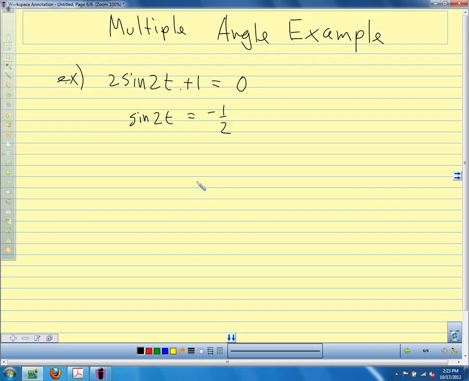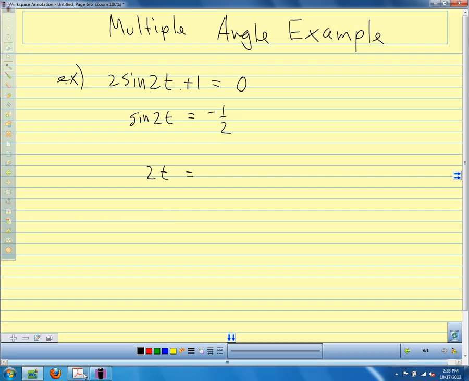And this is where you have to be very careful. I look on my unit circle. The unit circle is going to tell me where 2t equals minus 1/2. So on the unit circle, I look for where my sine is negative 1/2.